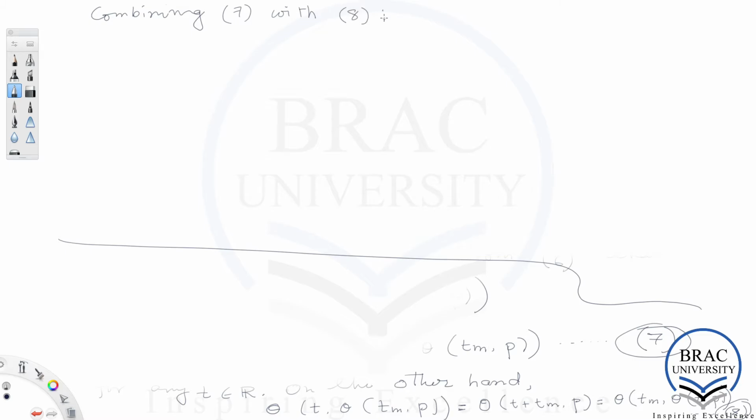Combining 7 with 8, what was 7? 7 was this, let me write it for you here, it has been erased. Theta t comma q was the limit as m tends to infinity of theta t comma theta tm comma p.